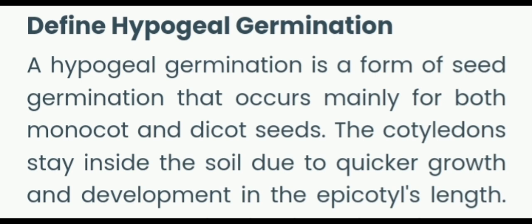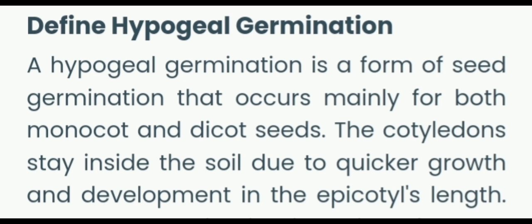Hypogeal germination is a form of seed germination that occurs in both monocot and dicot seeds, actually. Now the cotyledons will stay inside the soil. That's the difference. In hypogeal germination, the cotyledon stays inside the soil.